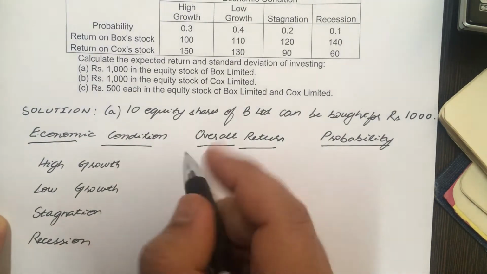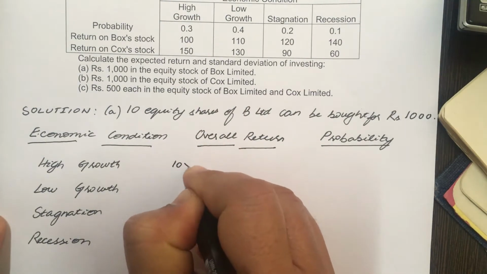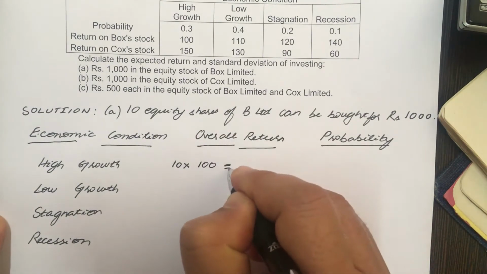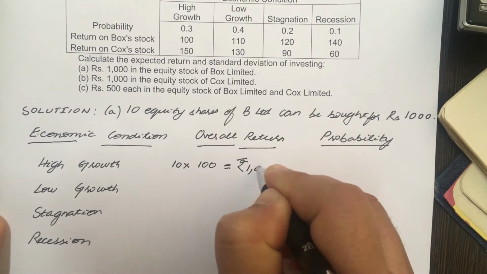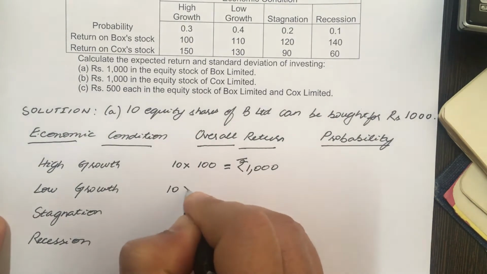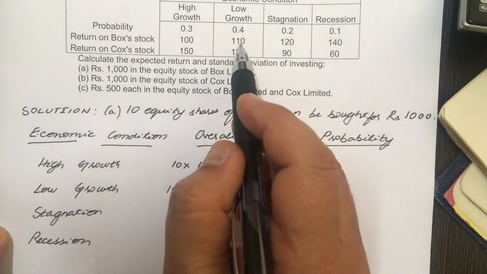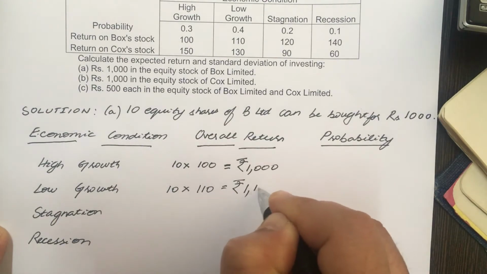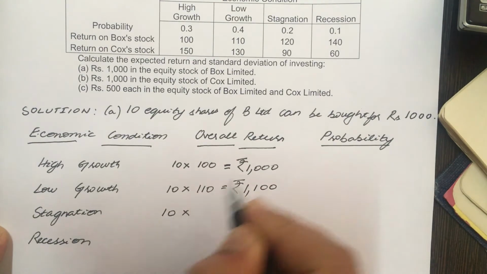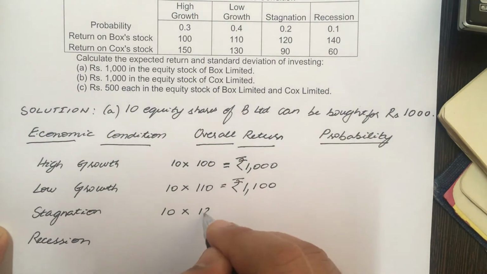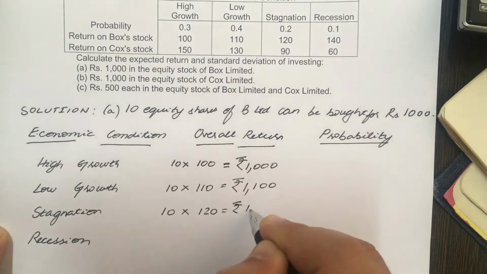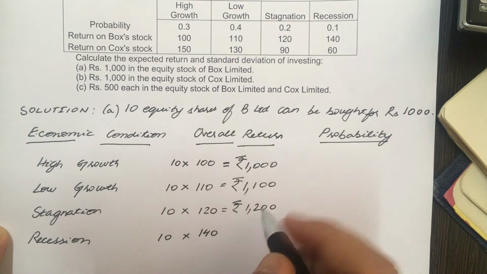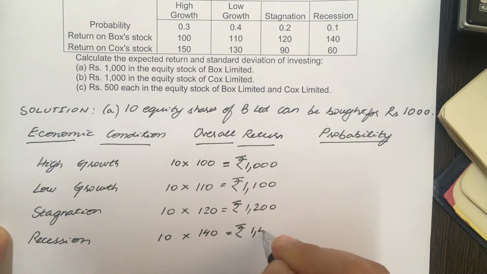So you can buy 10 shares, right? So 10 times 100 is equal to 1000 rupees. 10 into 110, 1100. 10 into 120 is equal to 1200. 10 into 140 is equal to 1400.